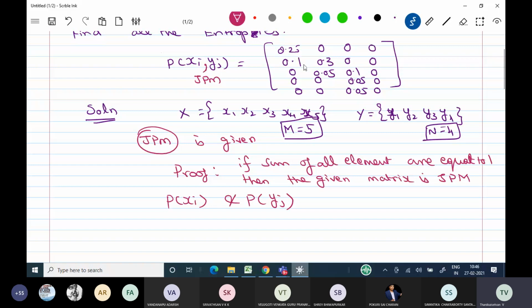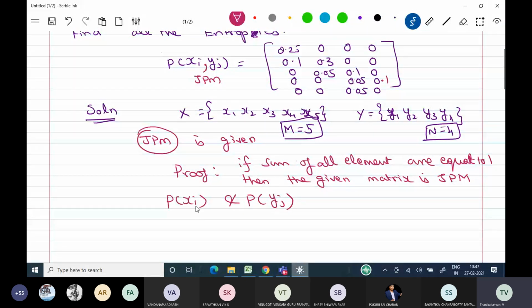You add this: 0.25, 0.35, 0.65, 0.7. Here one is missing, this one also please note down. Up to this 0.9 I missed this. So now you see 0.35, 0.65, 0.7, 0.8, 0.9, and this one 1. So the proof is over.